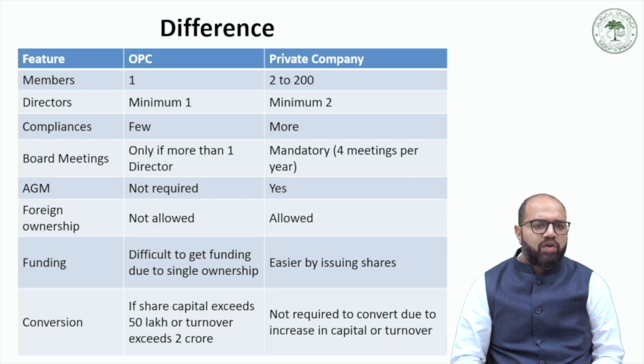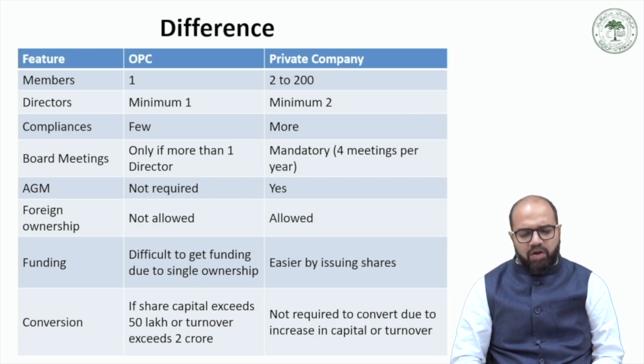Now there is an option of conversion of an OPC into other kinds of companies like a private company. So if share capital exceeds 50 lakh or turnover exceeds 2 crore, the option of conversion is there. But for a private company, it is not required to convert due to increase in capital or turnover.